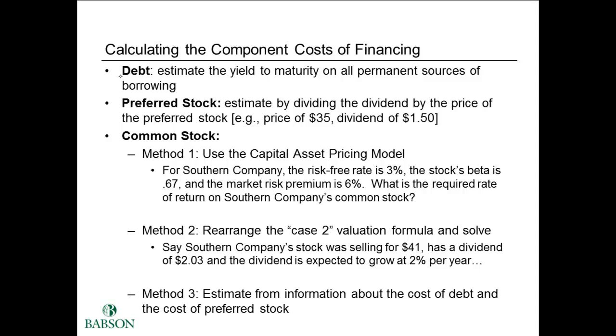To calculate the cost of debt, estimate the yield to maturity on all the different sources of debt. To do that, remember, we solve for I on our financial calculator, given the bond's present value, future value, number of periods remaining to maturity, and the bond's coupon rate. That's what we use to estimate the yield to maturity.